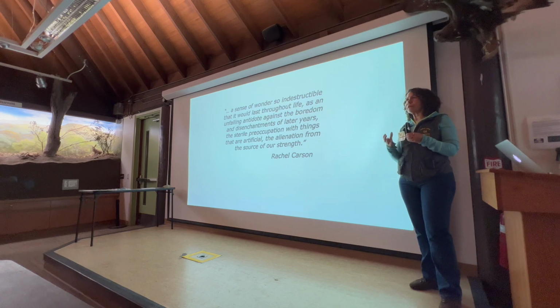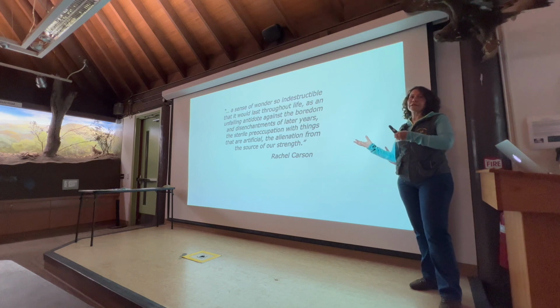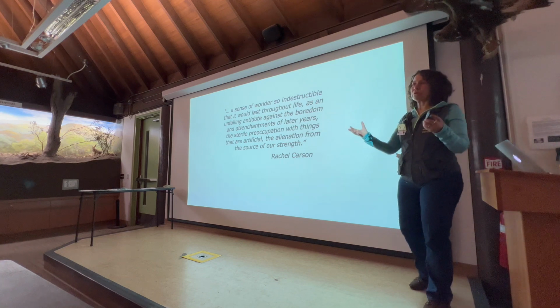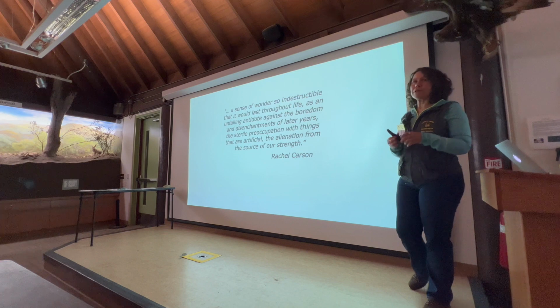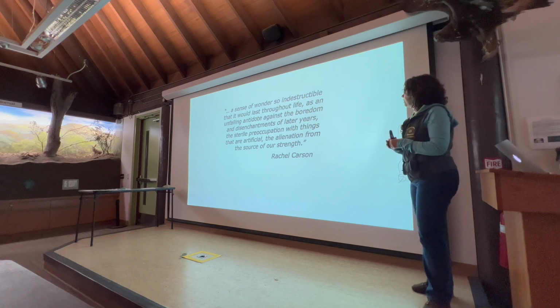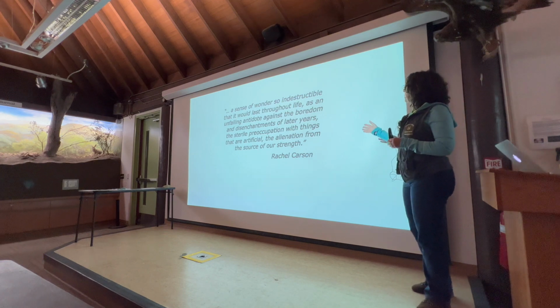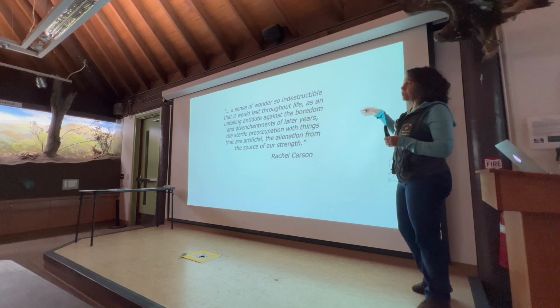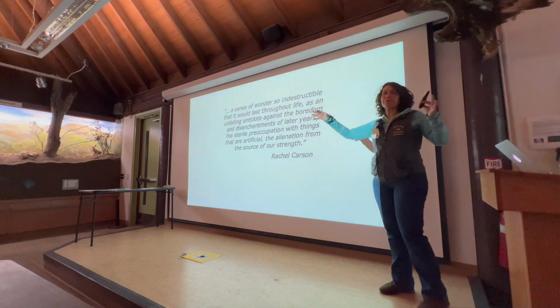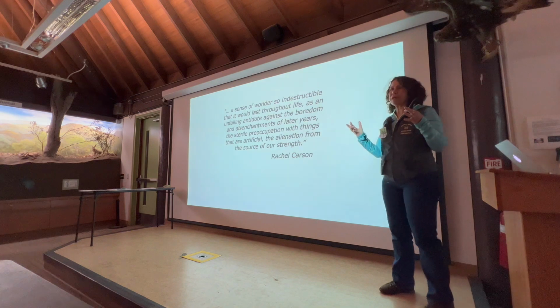Her writing for popular audiences was so influential that it led to the establishment of the Environmental Protection Agency, the only recent new agency, at least at that time, in the federal government. And now there are EPA branches in every state.